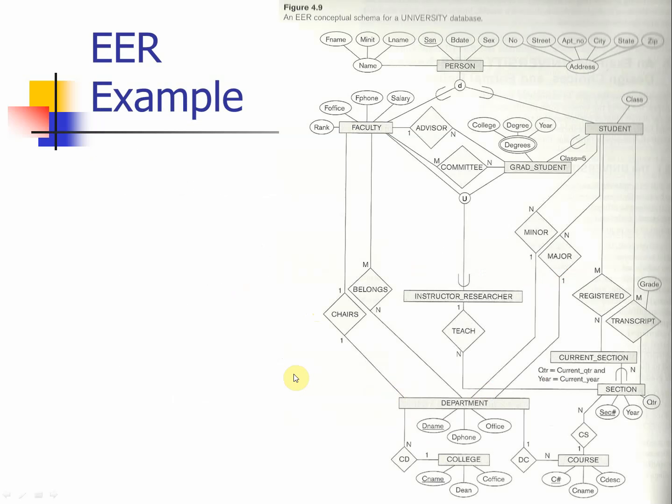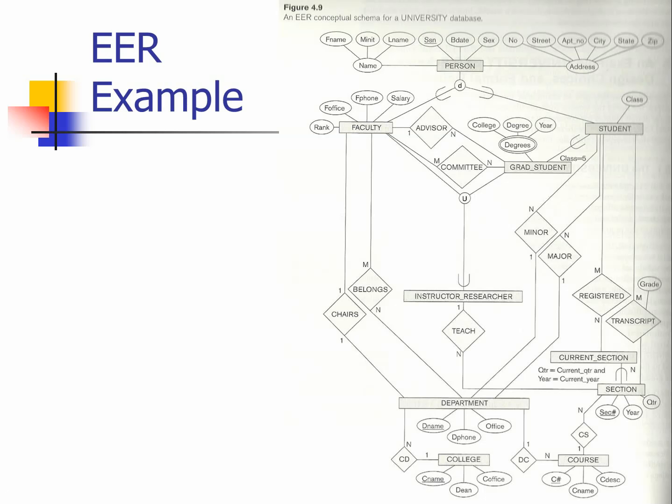And therefore, I have concluded all the discussions that we have seen for the EER topic. This is something that I have copied and pasted from the book figure. It gives you a pretty interesting concept regarding the EER diagram. It has all the things that we have discussed: superclass, subclass, disjoint, union, and many different things.